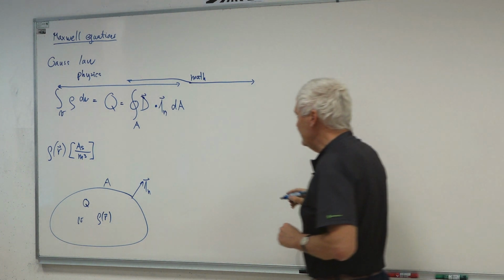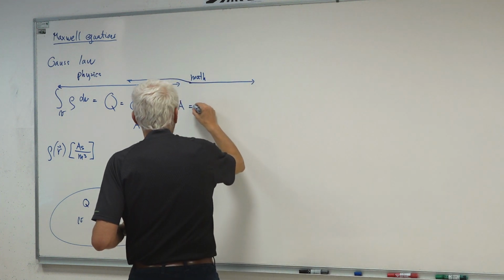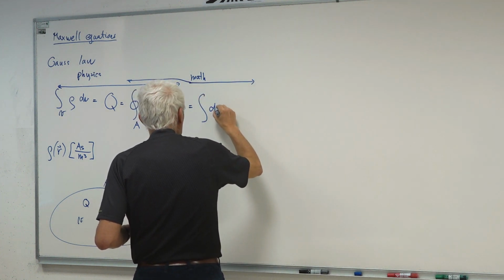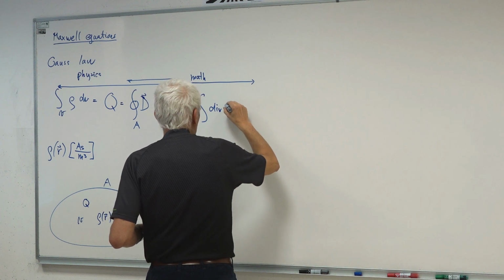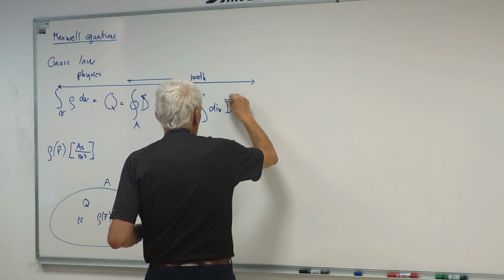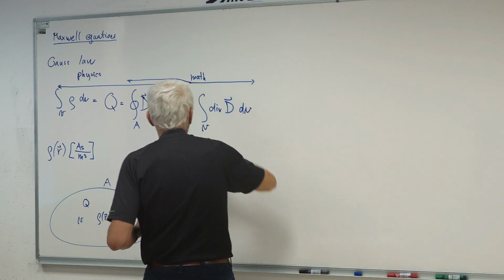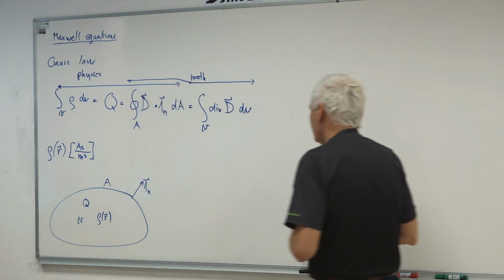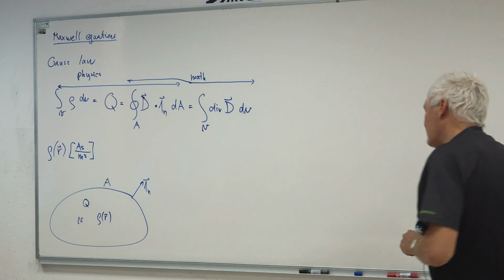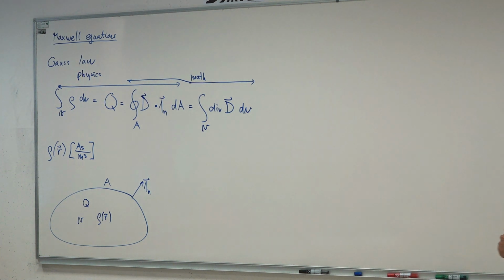And that mathematical operation is called divergence. Divergence, or density of sources of this same vector field, times differential of volume over the whole enclosed volume. This is the mathematical Gaussian theorem.